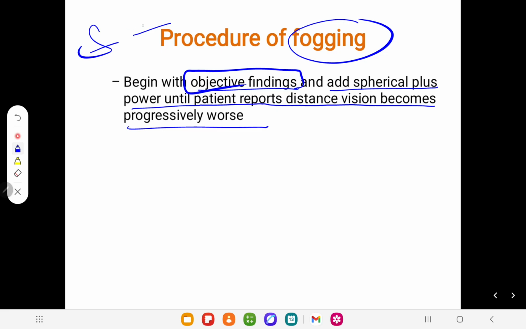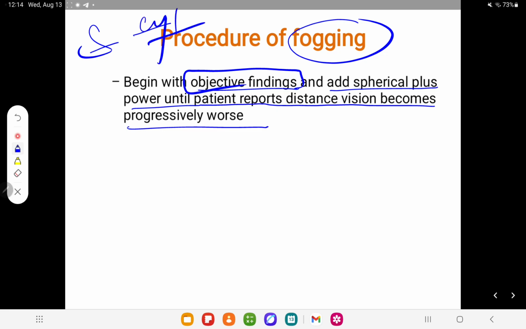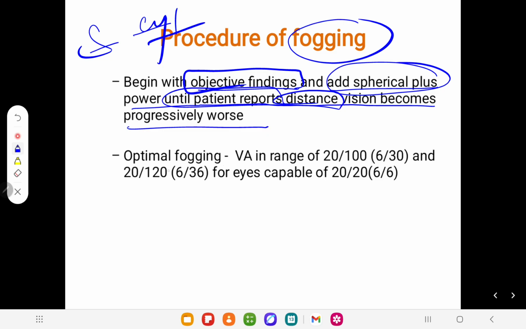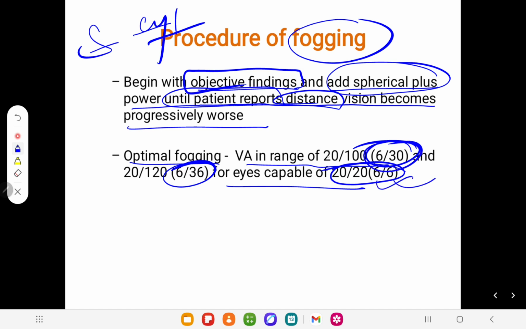Then you add spherical plus, not cylinder, just remember it's spherical plus, until the patient reports distance vision becomes blurred. Optimal fogging is a visual acuity range from 6/30 to 6/36 for an eye capable of 6/6. If the eye is capable of 6/6, then we fog until 6/30 or 6/36.